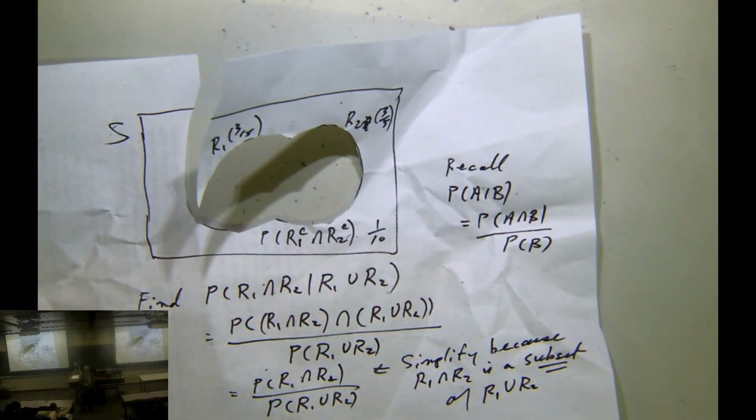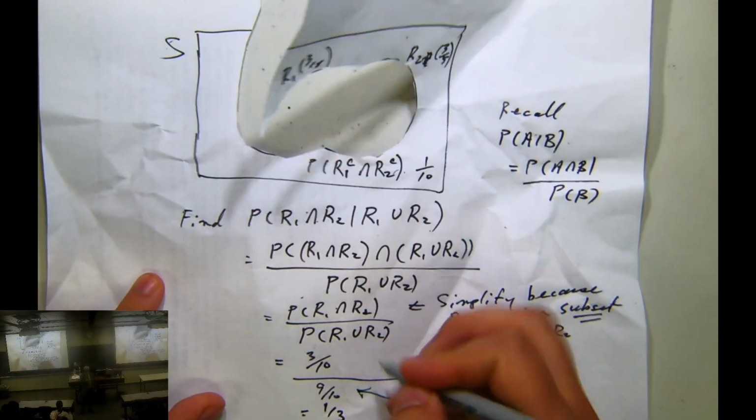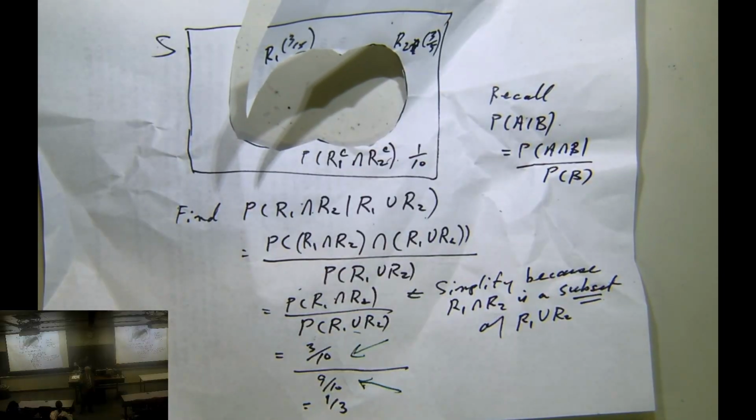Okay, so I left out the with replacement case, which was so easy for the first couple problems that you may say it's going to be super easy in the with replacement case because if R1 and R2 are independent, will R1 intersect R2 be independent of R1 union R2?